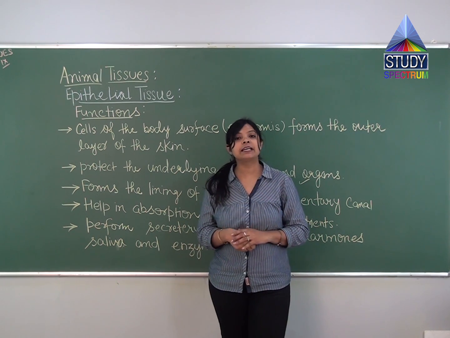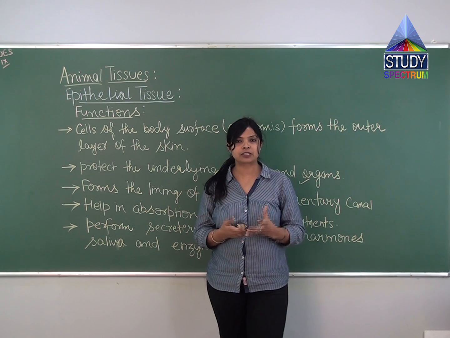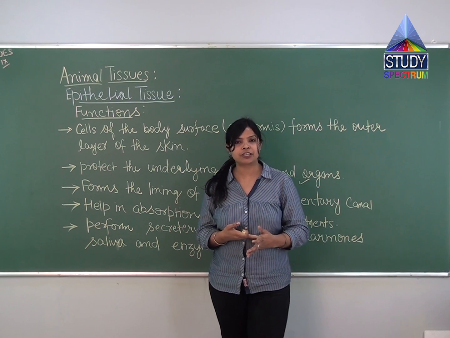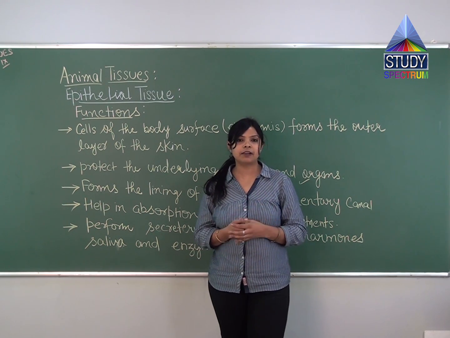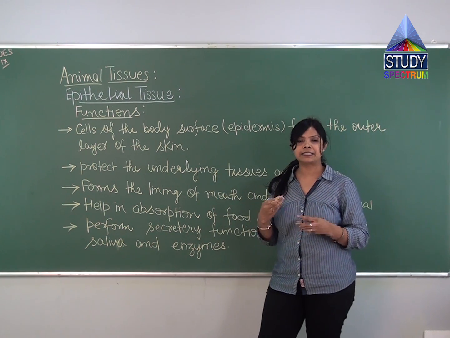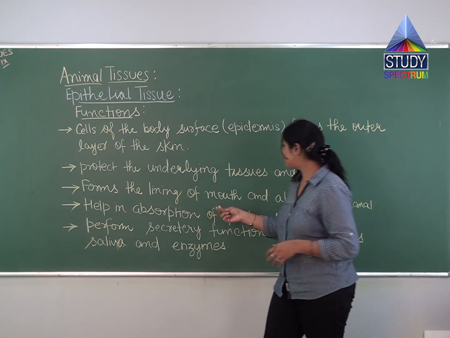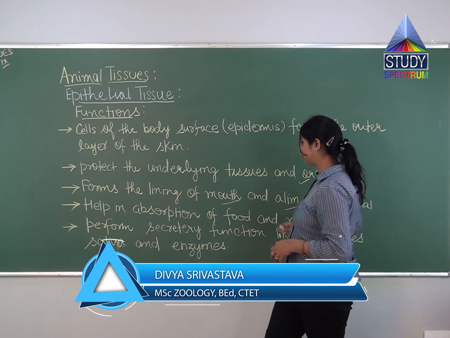As you see, the skin is the covering of our body. These tissues help protect us from various things like viral infection, bacterial infection, injury, chemical effects and drying, because they form the skin, and the skin is our protective covering. Other than this, they also form the lining of the mouth and alimentary canal.